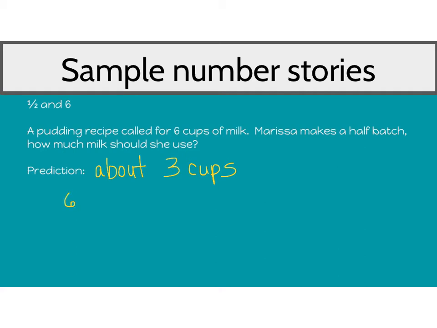If we take 6 times 1/2, that means this would be 6 over 1 times 1/2, which equals 6 halves. Well, what happens when we convert that? Oh, 6 divided by 2 is equal to 3. So that does equal 3 cups. So that would be my answer. Great job.